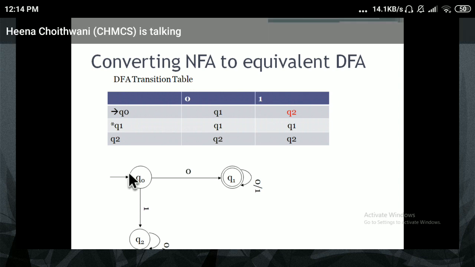Q2 is nothing but a dead state, right? Since the condition was that all these strings start with 0, at the beginning itself, if you get 1, it will move to the dead state, right? We are going to check on strings starting with 0. So this is your complete DFA. Is it okay? Is it clear?